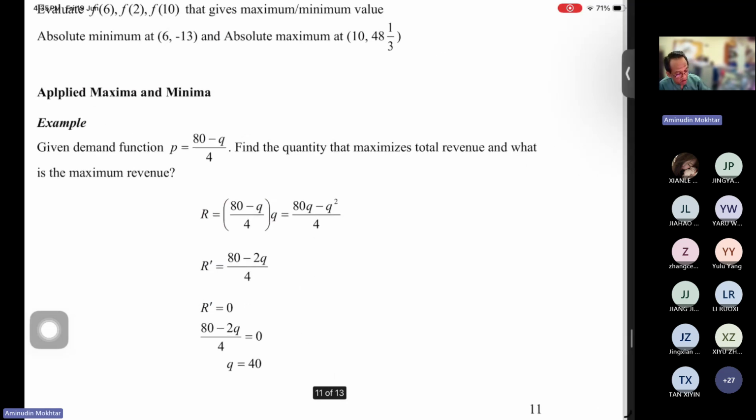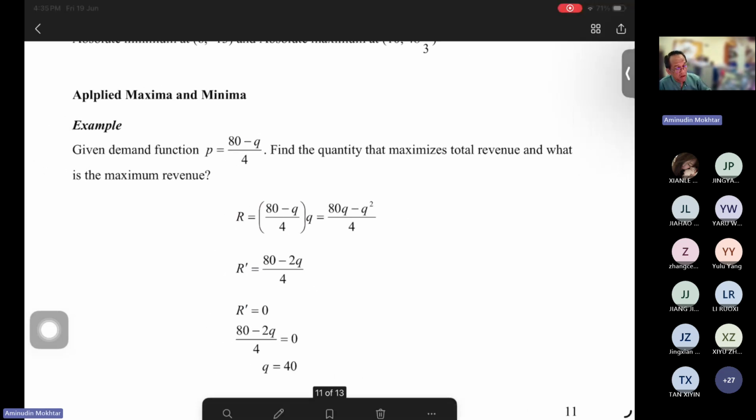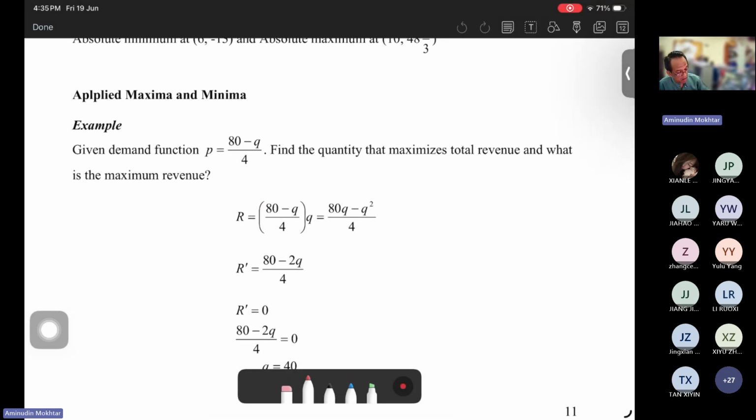Okay, the last part for today is about the application of maximum and minimum. Please refer to pages 11, 12, and 13. There are again a few examples.